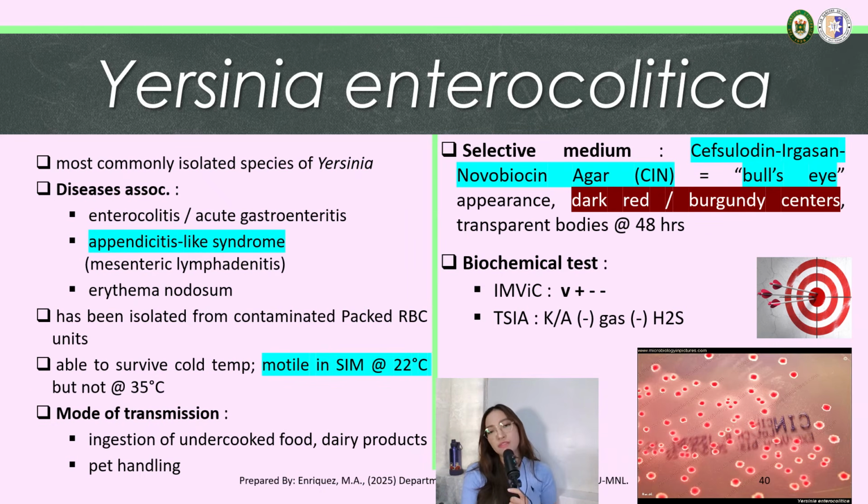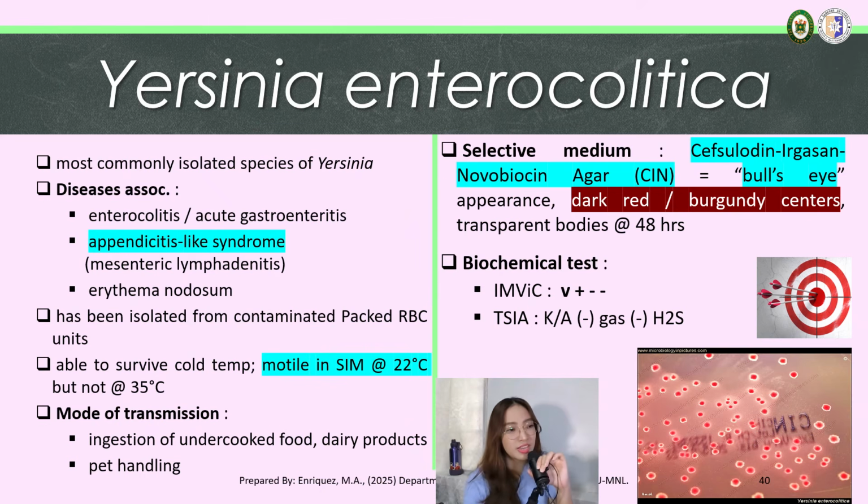Now, we've established the fact that Yersinia in general are non-motile, but Yersinia enterocolitica is different. All right. So at 22 degrees Celsius, it could give a motile result on SIM. Again, what does SIM stand for? It's the sulfide indole motility medium.